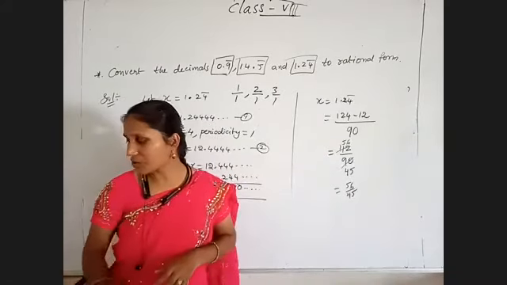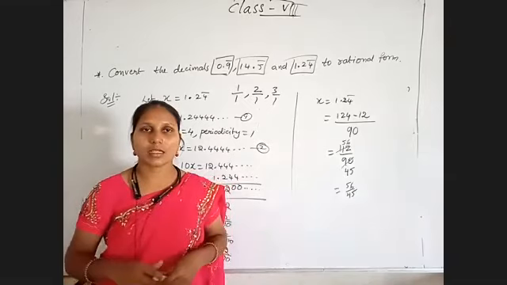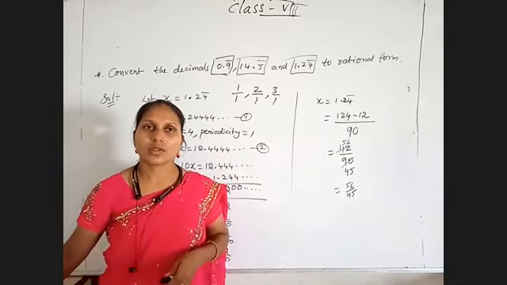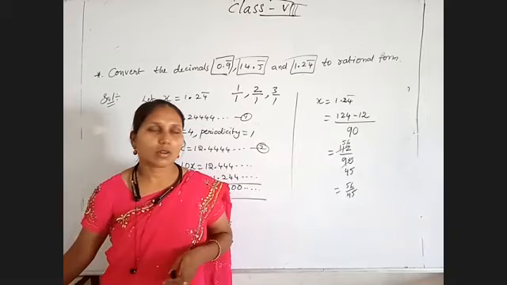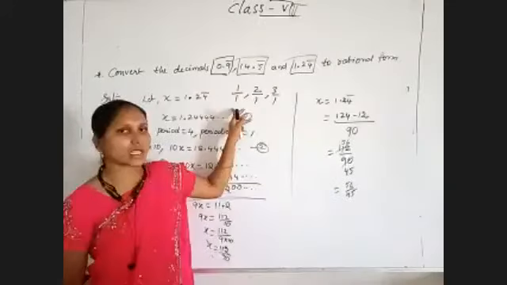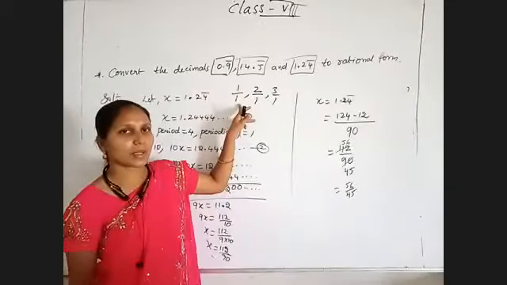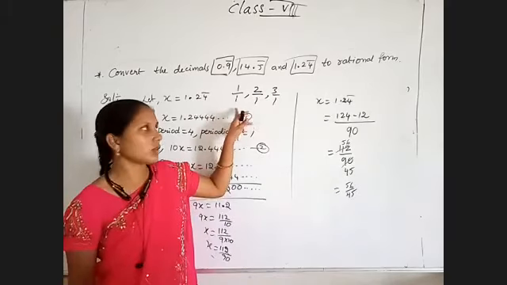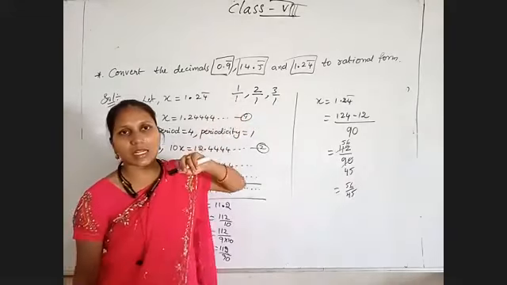And coming to the whole numbers, 0 by anything is 0 only, which means the P by Q form is available. So all the whole numbers are rational numbers.